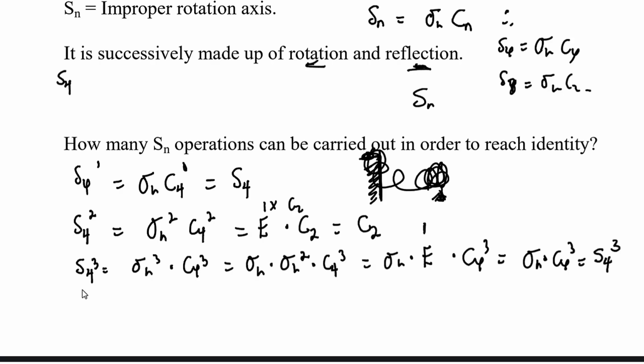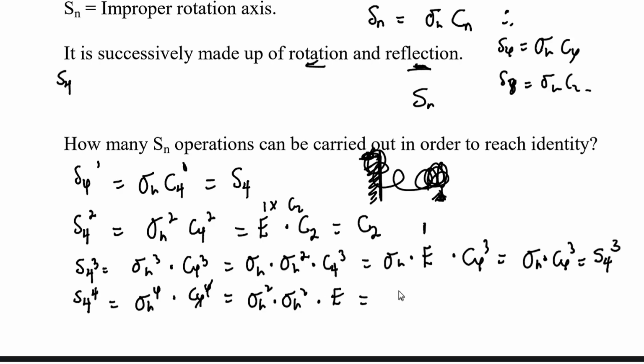So let's look at the fourth one. We only stop when we reach identity, right? So the next one is this, and then we have C44. So this is going to give reflection basically twice. That's going to be this and this, right? And so this one will give C1. So basically C1 is the same thing as identity.